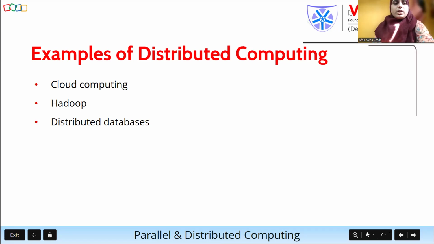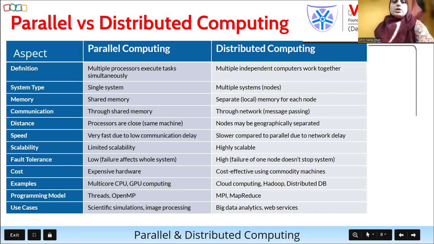Now move to parallel versus distributed computing. What are the differences between parallel and distributed computing? The slide highlights the key differences like system type, fault tolerance, examples, programming models, memory and communication, etc. Mainly, parallel computing has a single system, shared memory and faster communication, whereas distributed computing has multiple systems, network communication, better fault tolerance and scalability.